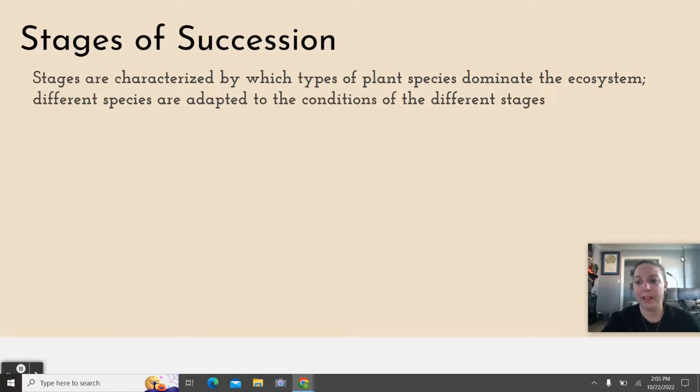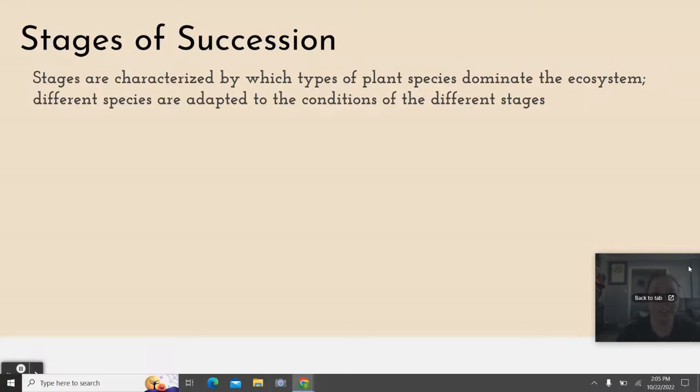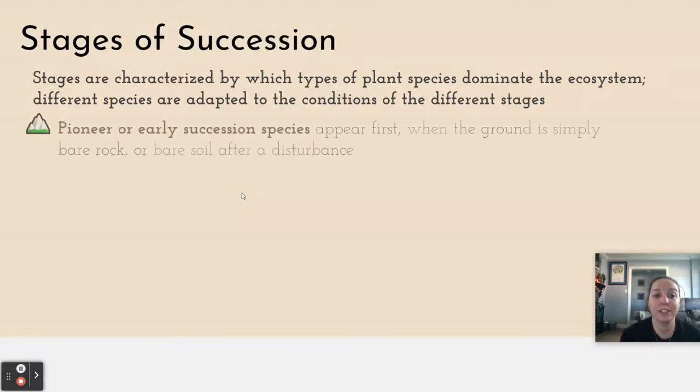So let's look a little bit at the stages of succession, and the stages are going to be characterized by what types of plants dominate that ecosystem because different species are adapted to each of those different stages. So in our pioneer or our early succession species, the ones that are appearing first, this is going to be where when we're in primary, we've got bare rock, or if we're in secondary, we've got bare soil.